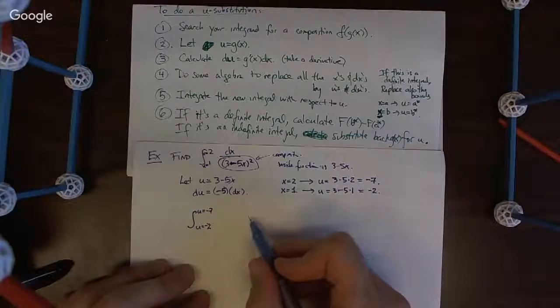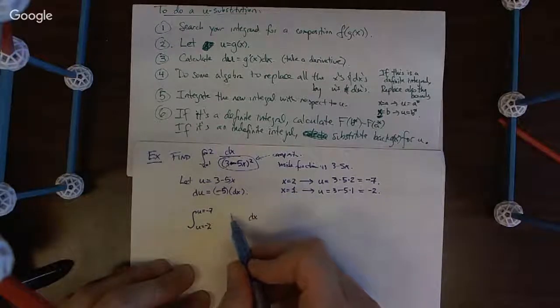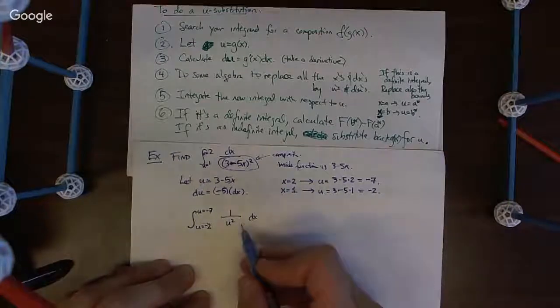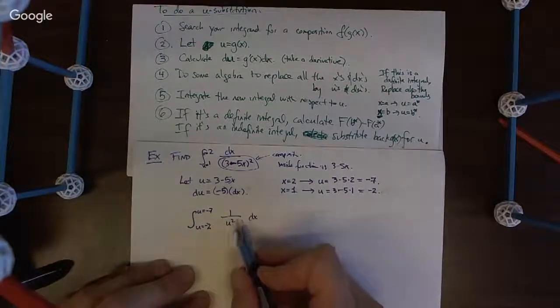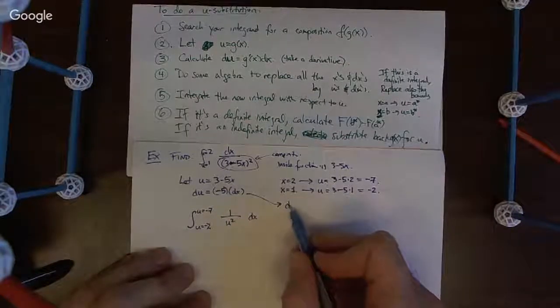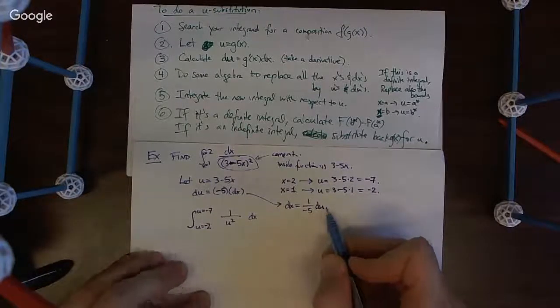Okay, so we had our dx here, and we had a 1 over u squared here. We're not quite done simplifying, because we have some u's, but we also have a dx. So we simplify and say dx was equal to 1 over negative 5 times du.